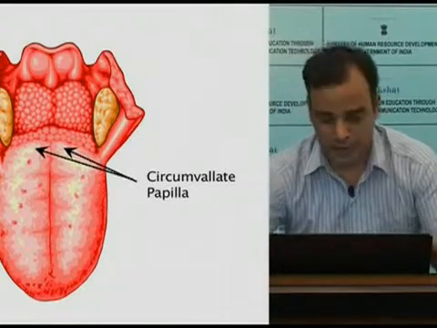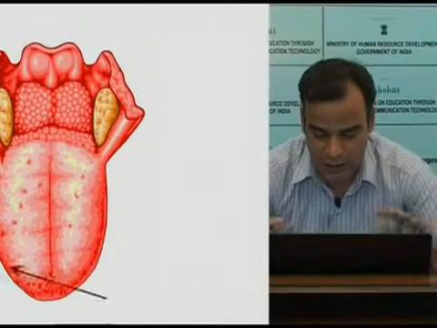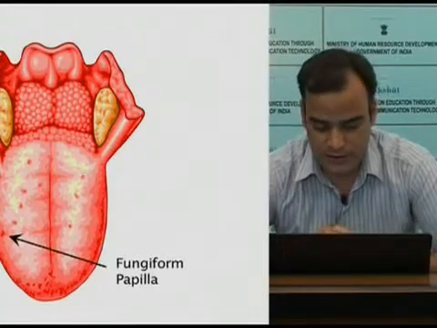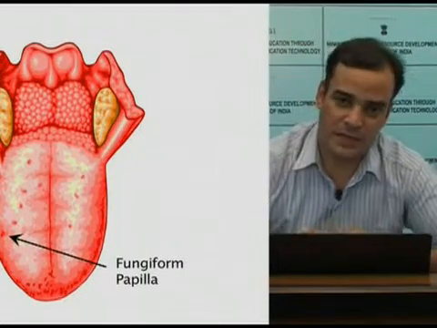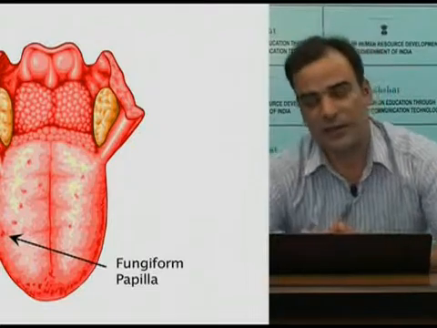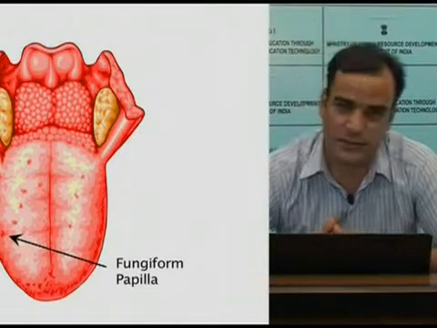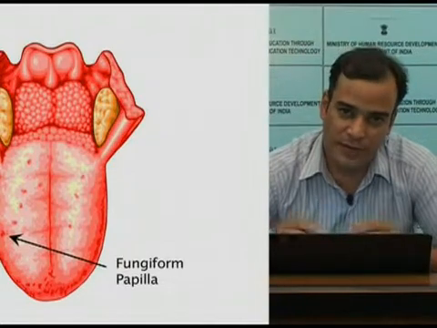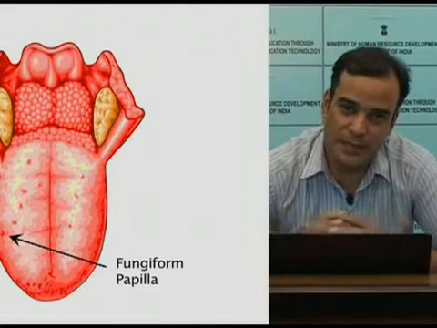Another type of papilla on the dorsum of the tongue, and numerous in number, are called fungiform papillae. These are the medium-sized papillae, that is, smaller than the circumvallate papillae, and they are identified by their bright red color. These bright red papillae are also seen usually on the tip and the margins of the tongue.